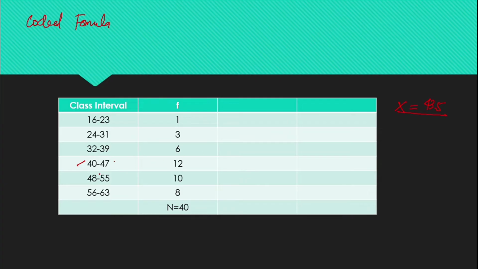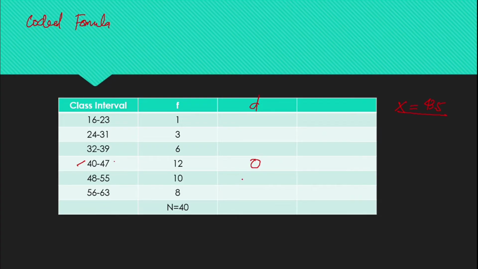Next is construct the column for deviation. This is done by putting 0 as the deviation of the assumed mean. So our assumed mean is this one. So we're going to put here 0 for the assumed mean's deviation from itself. For the class intervals larger than the class interval which contains the assumed mean, the deviations are 1, 2, 3.